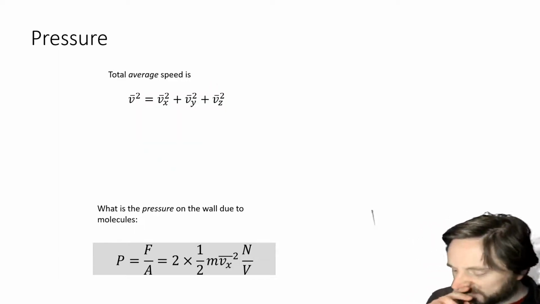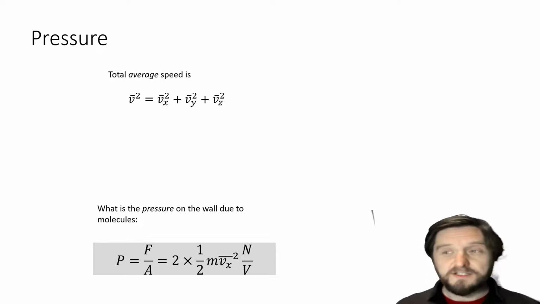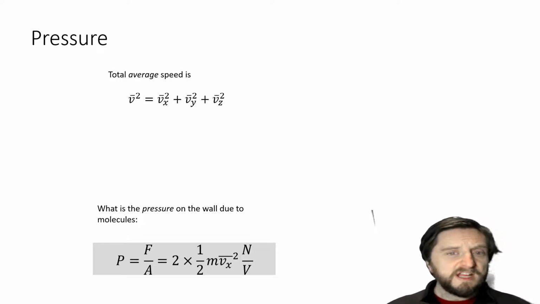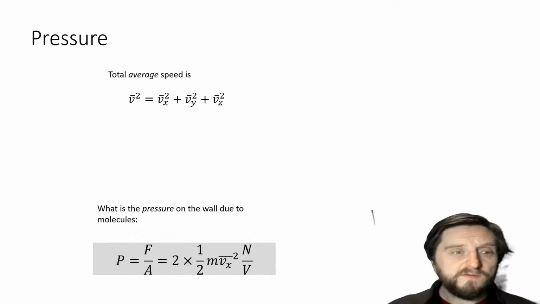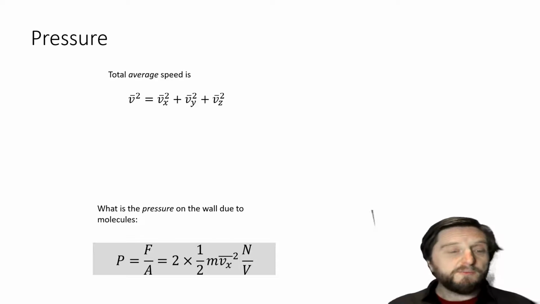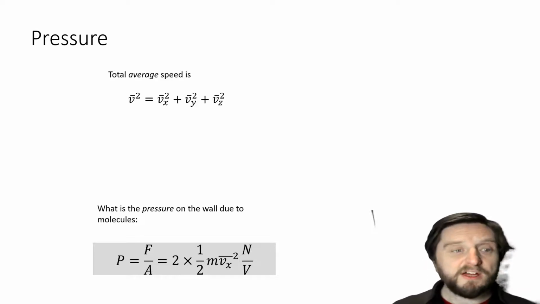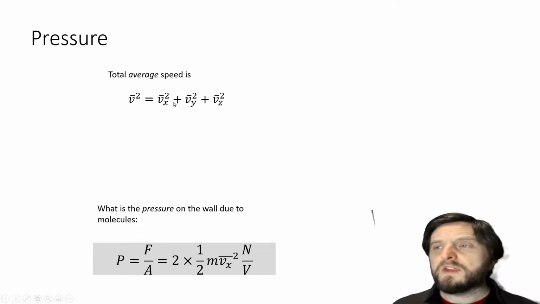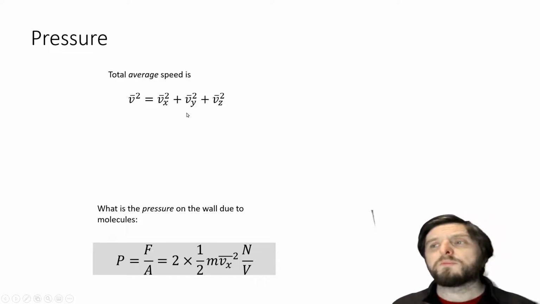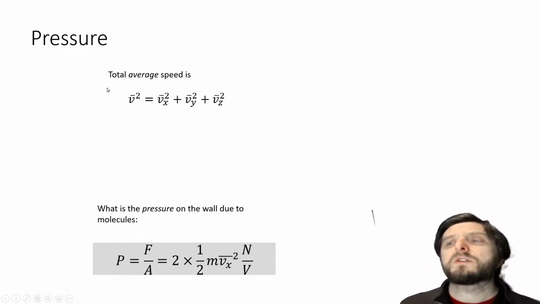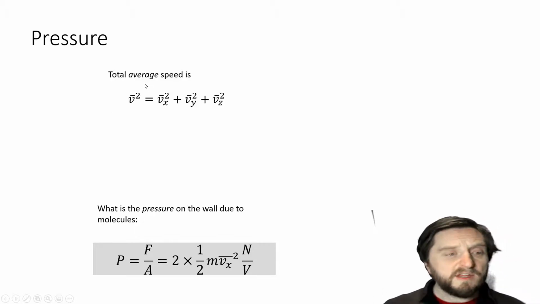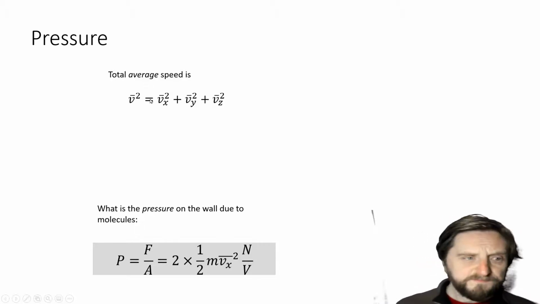So the average speed is a vector, and just like any vector, the magnitude of the vector is the square root of each of the components squared added together, from Pythagoras. So the x component squared plus the y component squared plus the z component squared is going to give us the average velocity. And here we have the average velocity in the x direction.